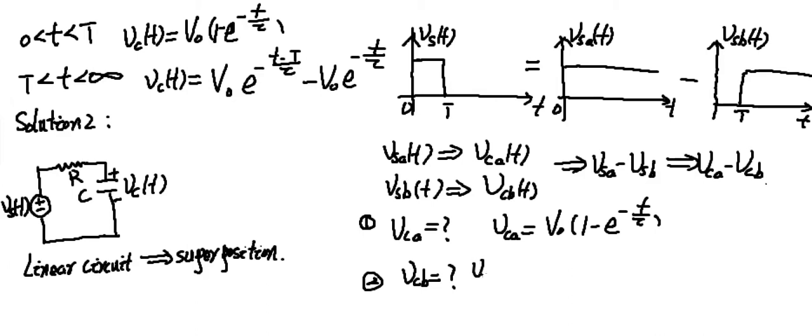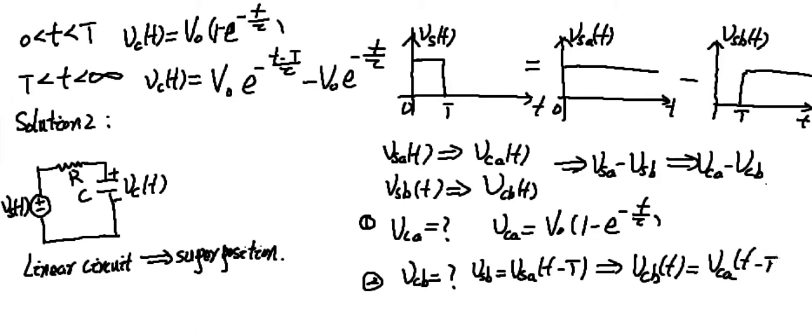So we know VSB(t) equals VSA(t minus T). Then, because the system is also a time invariant system, we can easily say VCB(t) should also equal VCA(t minus T).